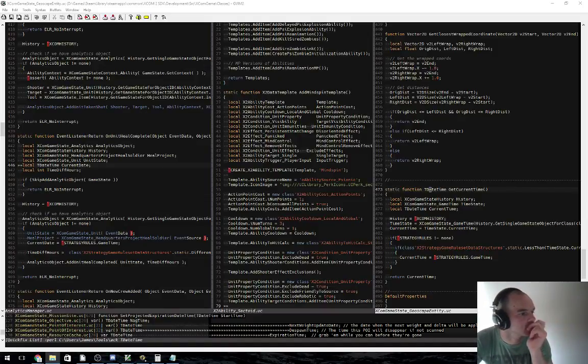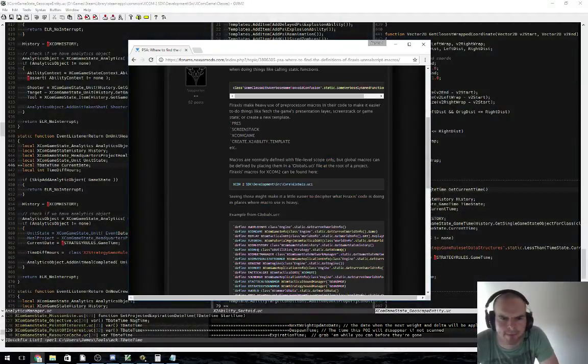XCOM 2 SDK. Sorry, I'm just doing this off screen. I don't really care to share too much. Alright. Development source core levels.